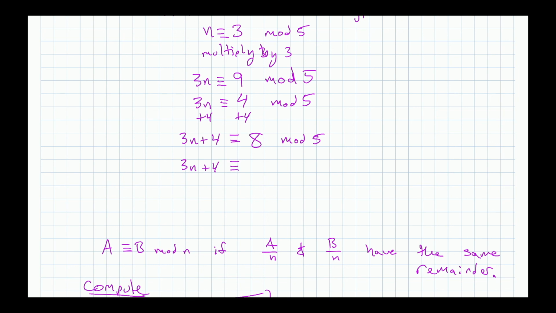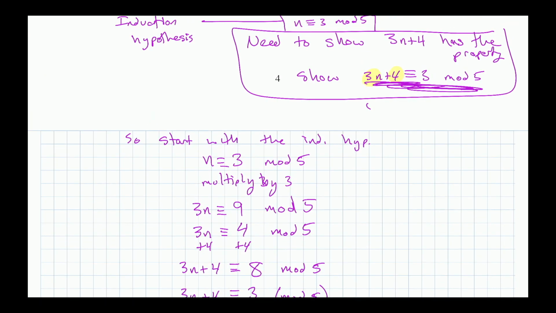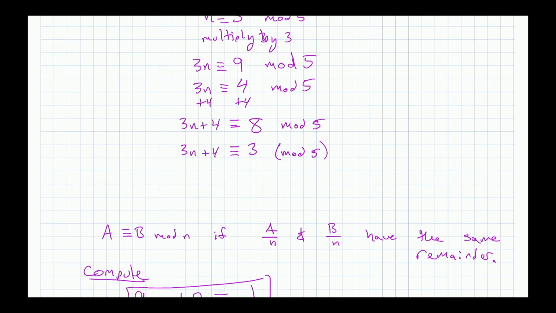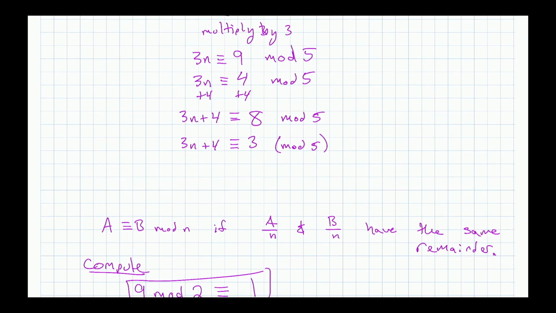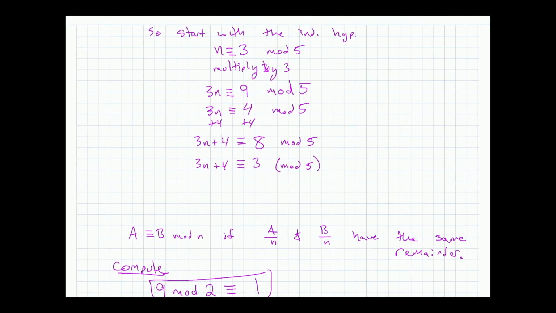Well, again, divide. 8 divided by 5 is 1 with remainder 3. And that is actually what we were supposed to show, that 3n plus 4 is 3 mod 5. So that's it. That was the induction step.